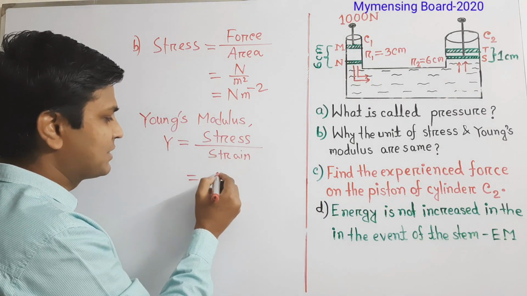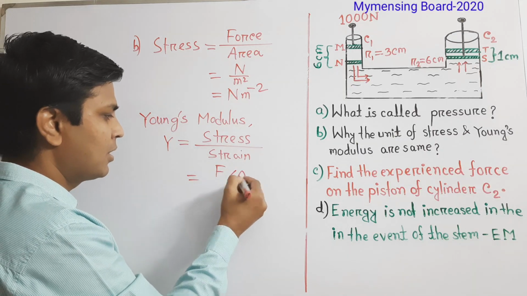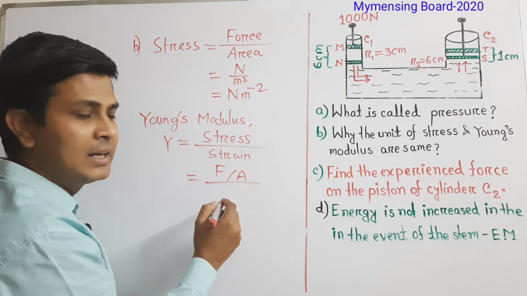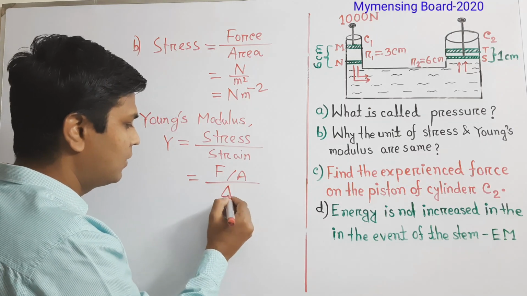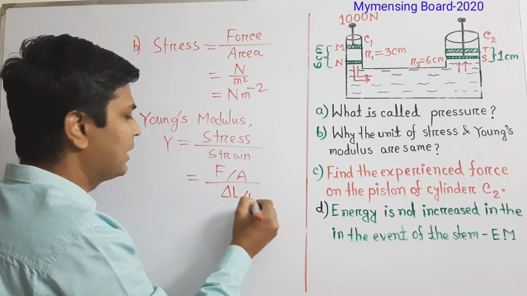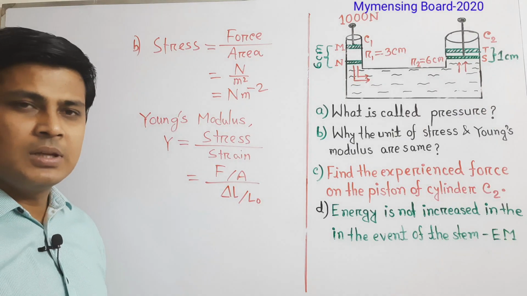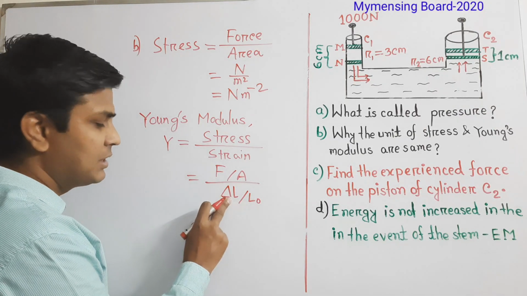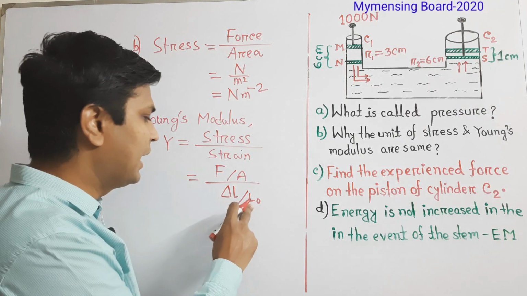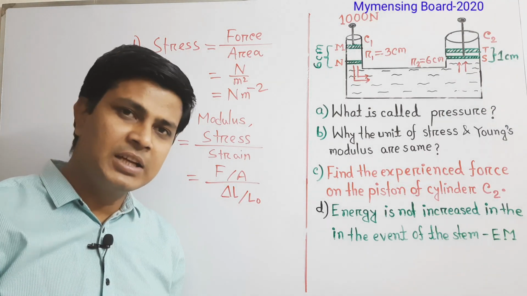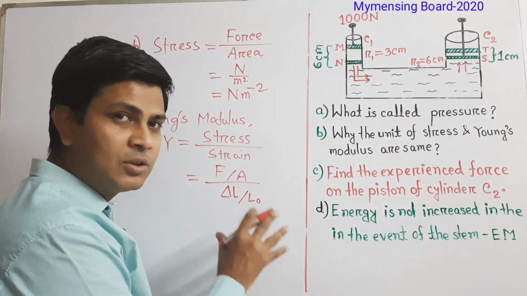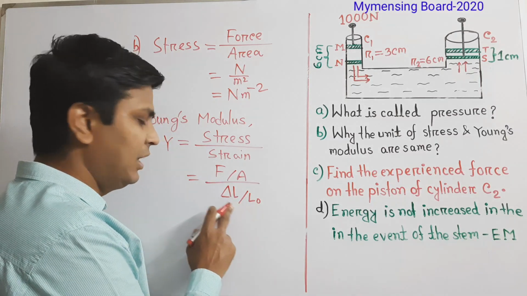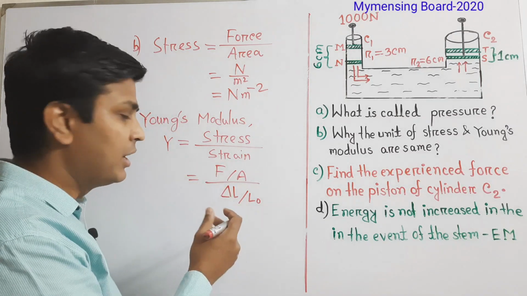Now we can write stress equals force by area, and strain is del L divided by L naught. Here del L is the increase in length and L naught is the initial length. As the unit of length is the same, we don't get any unit from the strain.